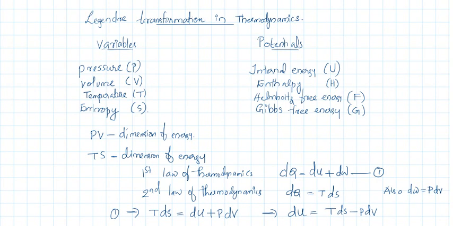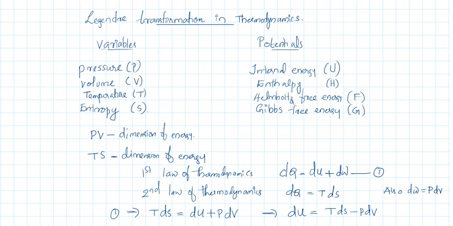If a pressure P can change the volume by dV, then the mechanical work done is PdV. So substituting these two here, we will get TdS equal to dU plus PdV. That is, dU equal to TdS minus PdV. dU, a differential change of internal energy, depends on a differential change of entropy and a differential change of volume.